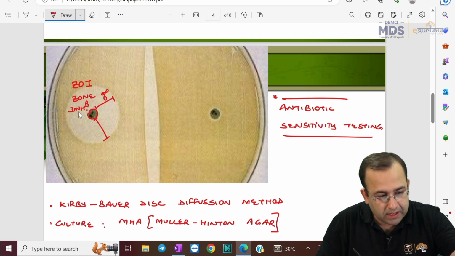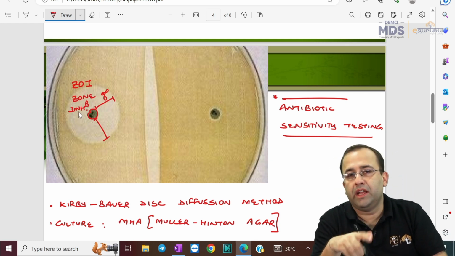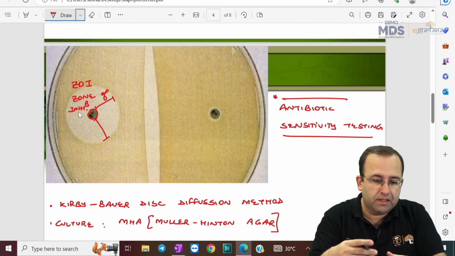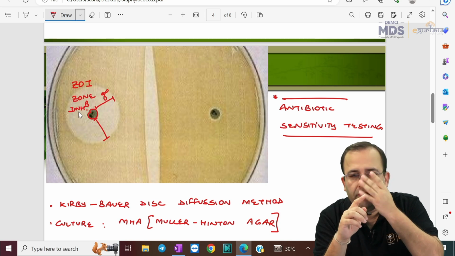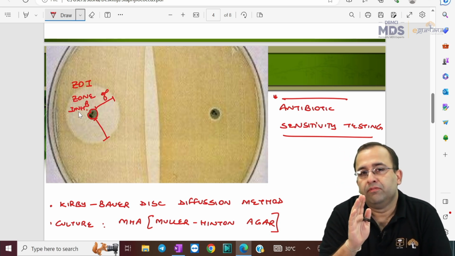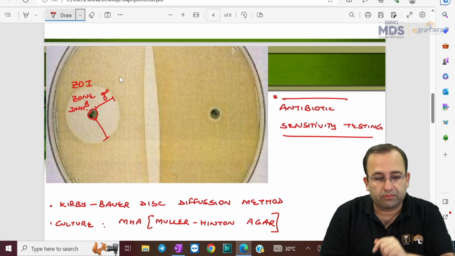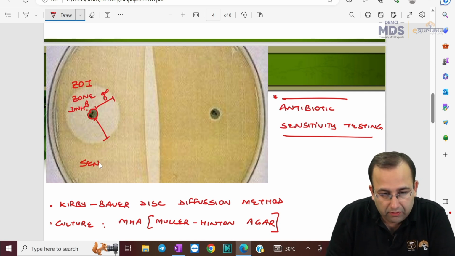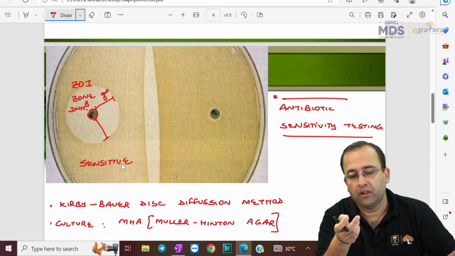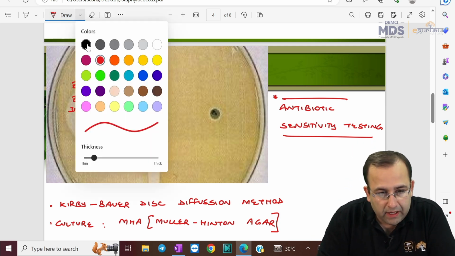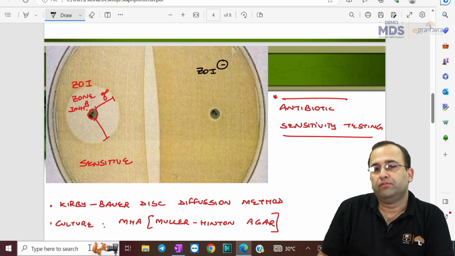Zone of inhibition, the organism is inhibited. That means the organism is sensitive. Around the disc, if the organism is not growing, that means zone of inhibition is present. So this is sensitive or resistant? This is sensitive. The organism is sensitive to Novobiocin versus the second case in which zone of inhibition is absent.